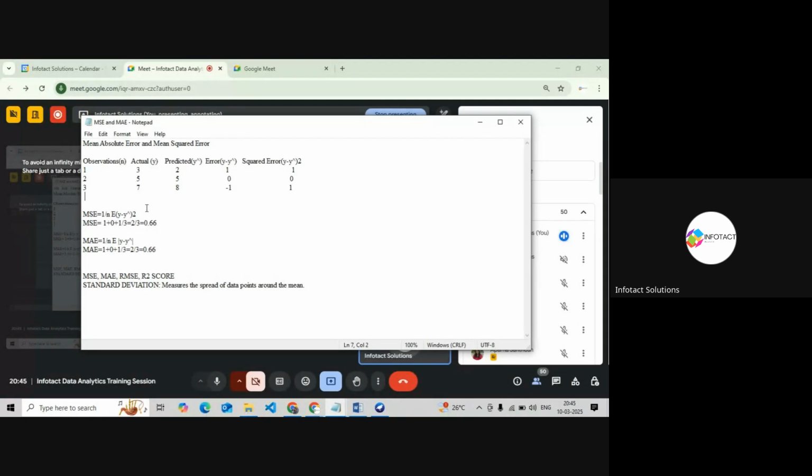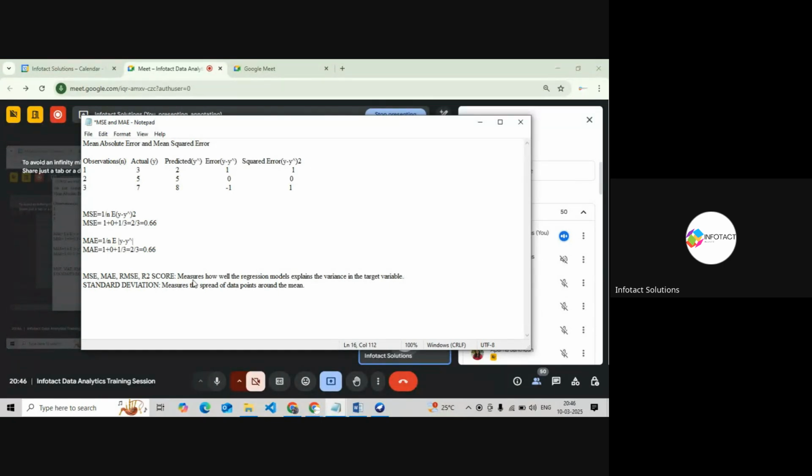What does the R2 score do? The R2 score measures how well the regression model explains the variance in the target variable, right?